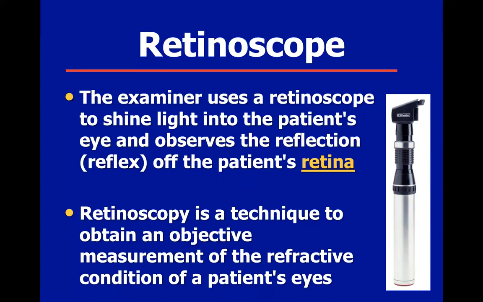It just takes the reflex off the patient's retina, and using the retinoscope, I can tell if you have no refractive error, if you're myopic, if you're hyperopic, and if you have astigmatism. So please understand and read on myopia, hyperopia, and astigmatism. You will never be asked to use the retinoscope, but I just put it up as it could be part of your multiple choice questions.